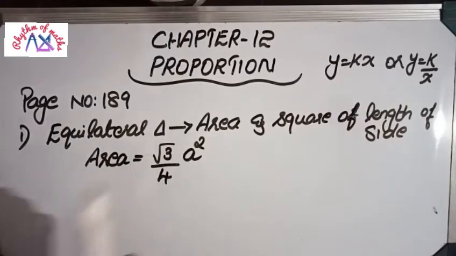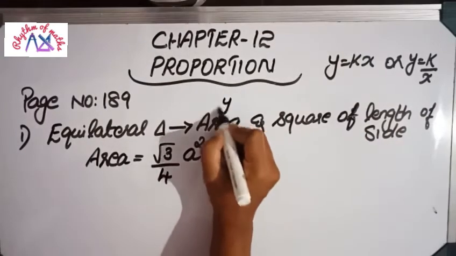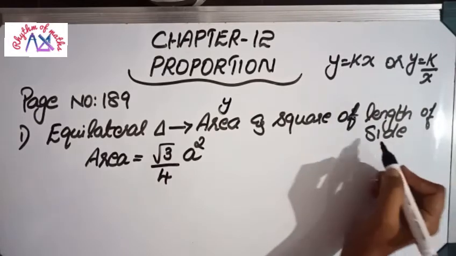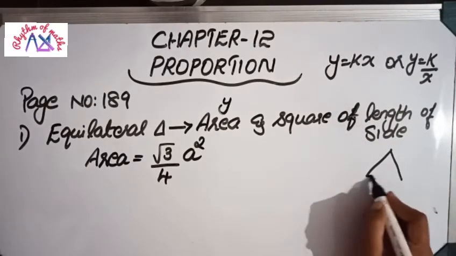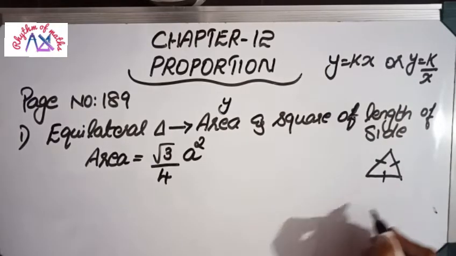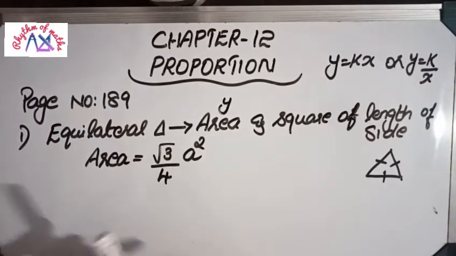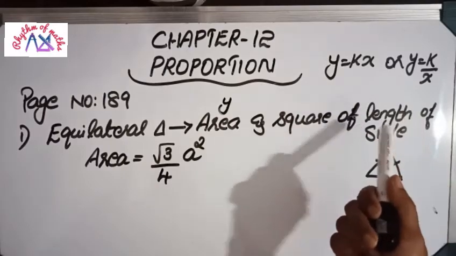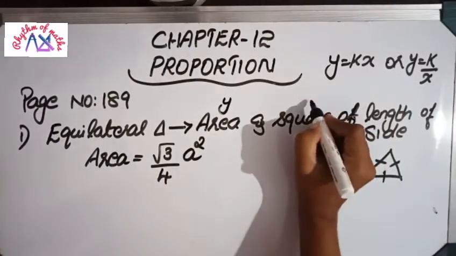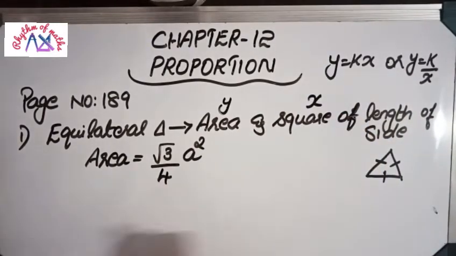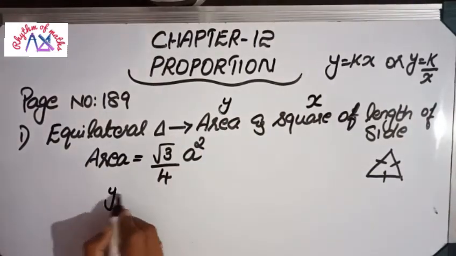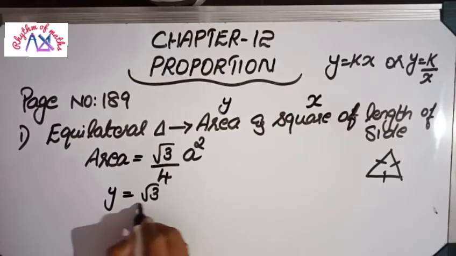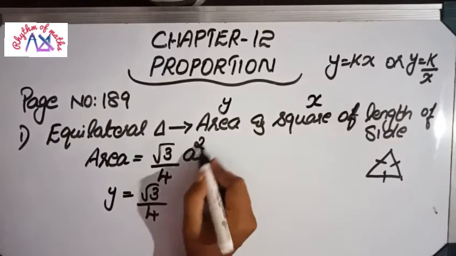So let's consider area as y and the square of the length of a side, not the length of a side, as x. For an equilateral triangle, each side we can consider as the length of side. Here the whole portion, the square of the length of side, we have to consider as x. Now let's check with the equation. Area we consider as y, so y equal to root 3 by 4, which is fixed, times a square.